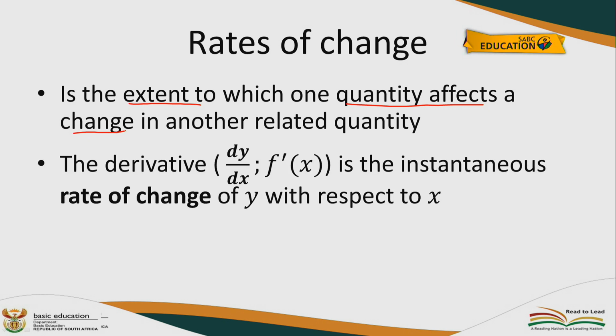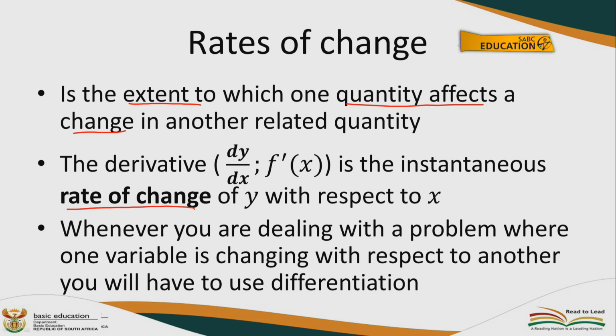Now, the derivative, which is dy/dx, or f'(x), or any other form of writing the derivative, is the instantaneous rate of change of y with respect to x. So we are basically saying that the derivative can be interpreted as the rate of change.